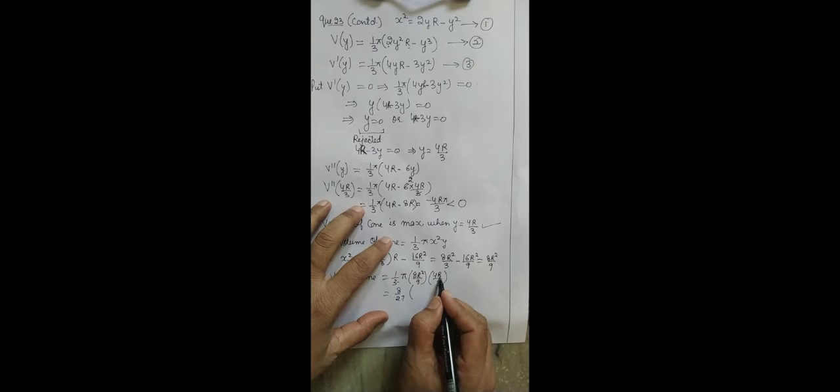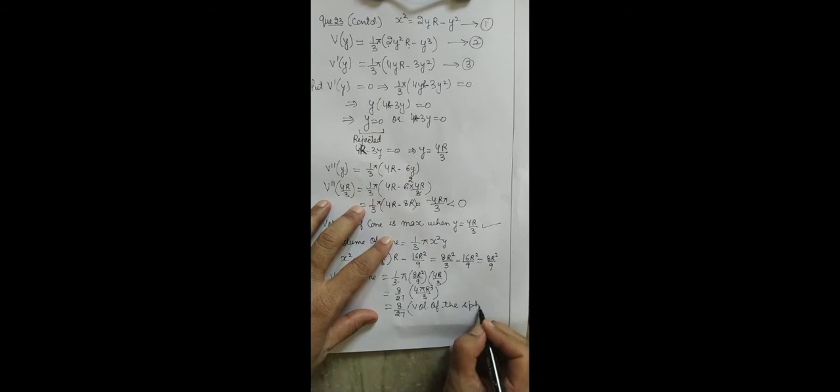Now as I have to show that the volume of the cone is 8 upon 27, I will write just 8 here, then 9 into 3, 27. So the rest of the quantity I will write in another factor. So it will be 8 upon 27, then r square into r is r cube, then 4, then pi, then r cube, then 3.